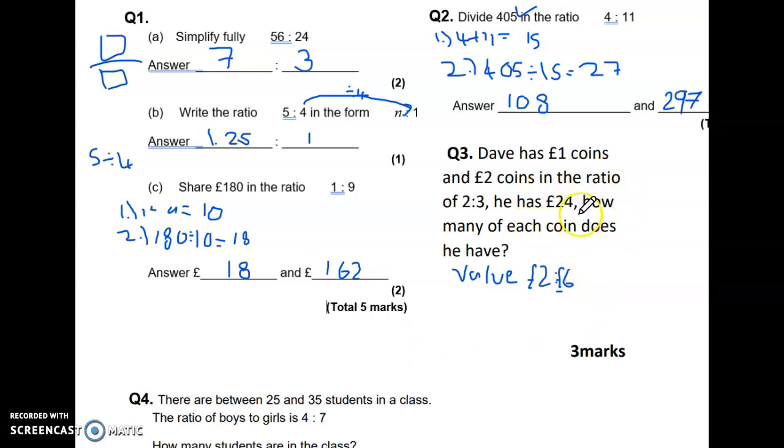So what we're doing then is we're splitting £24 out in the ratio of 2 to 6. So same sort of steps as we've done before. So step 1 is to add them both together. So 2 plus 6 gives us 8. Step 2 is your quantity, which is 24, divided by 8, which gives us 3.